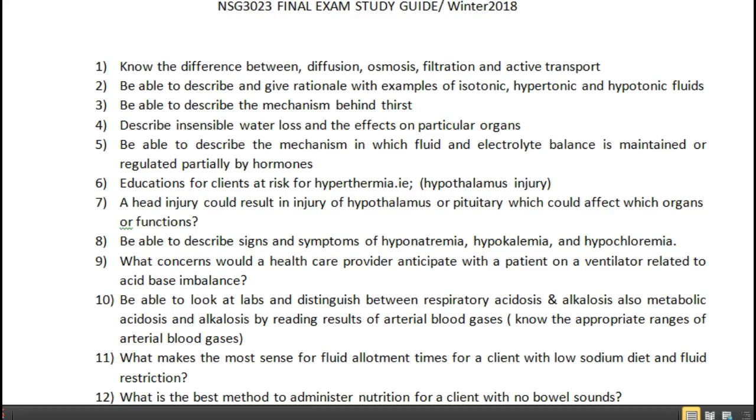So know that that is what we consider insensible water loss, which may be exacerbated by somebody possibly having a fever or something like that. That's the reason why, afterwards, people get the chills or something like that.